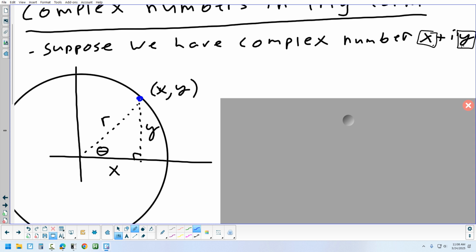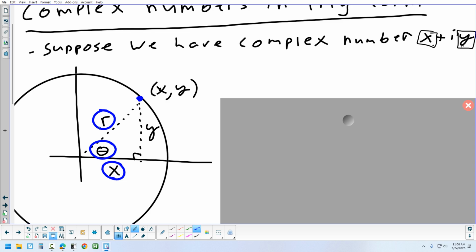So let's see if we can come up with an equation that will allow us to convert an X into something else and a Y into something else. Let's start with X. What trig function would relate this side and this side?